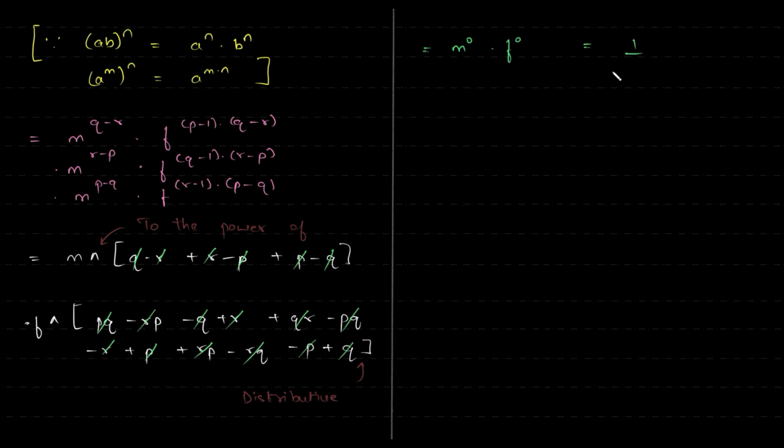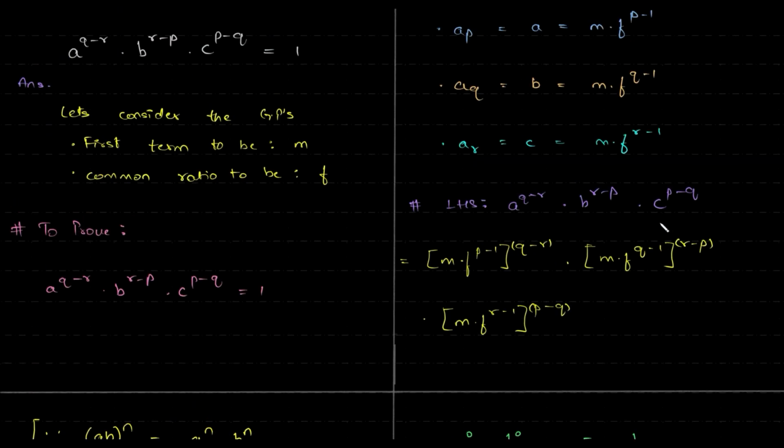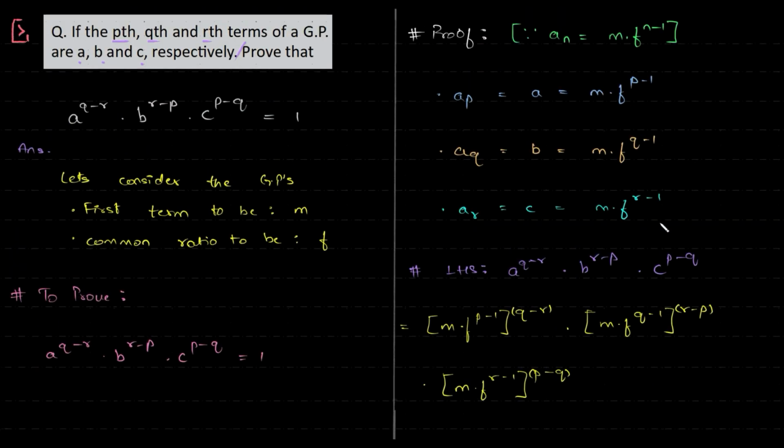That's nothing but your 1, and you have this equal to your RHS, and that's your answer. The only thing you have to be careful about is not to get confused whenever you have variables which you generally use in the formula. We have to replace them, and then things will become very clear.